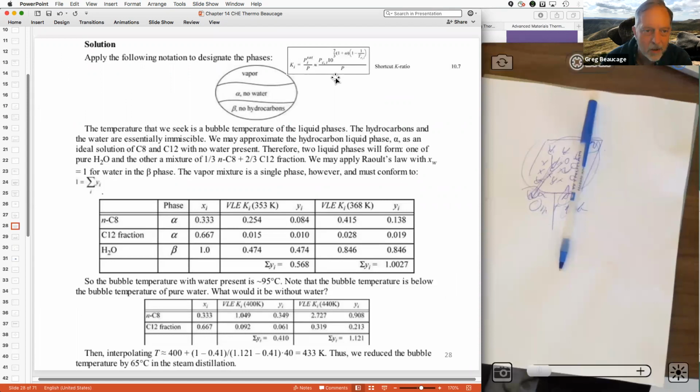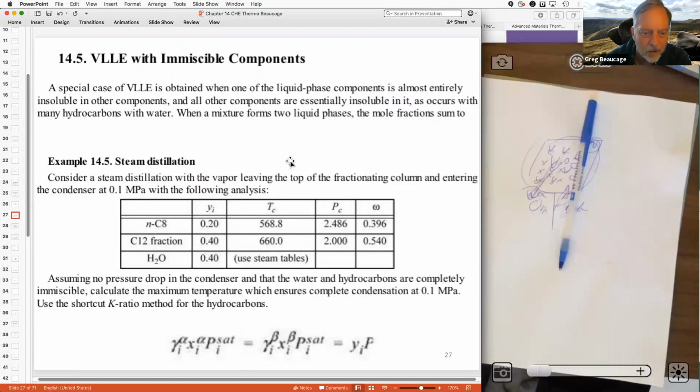And then the water one comes from the steam tables. You can get the K ratio by looking up the p sat on the steam tables. Right? And then it's 0.1 megapascal, and the temperature changes. You're trying to get the dew point, right? So it's just constant pressure.